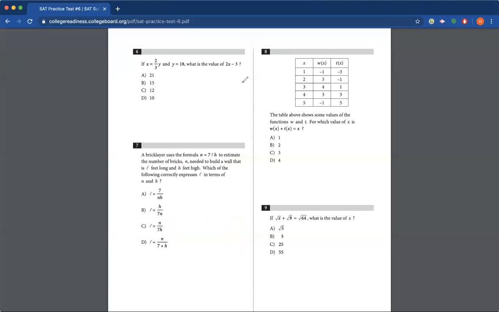Okay, the table above shows some values of the functions w and t. For which value of x is w of x plus t of x equals x? So basically they're asking for which value of x this plus this will equal x. So we just need to do trial and error. We don't even need to test 5 because that's not an answer choice. We just need to test 1, 2, 3, 4.